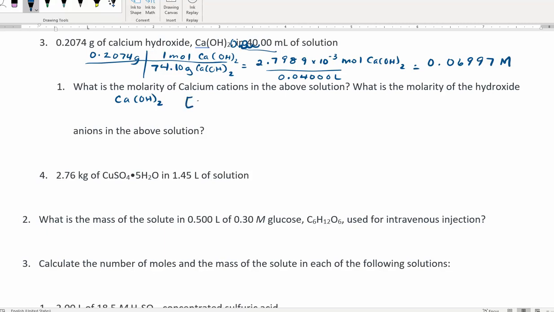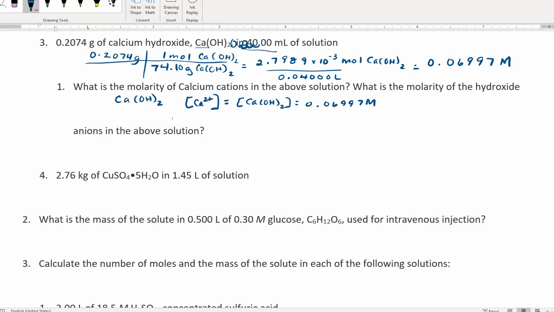Therefore, the concentration of calcium cations, and we show concentration with molarity, we show it with square brackets, is going to be equal to the concentration of our calcium hydroxide, which is 0.06997 molar.